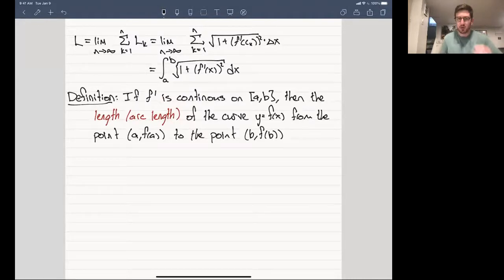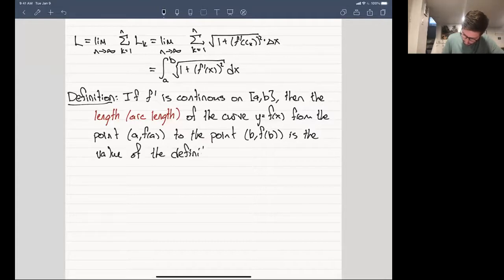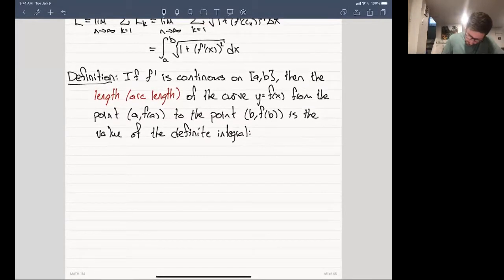So just like my picture on the previous page, is the value of the definite integral, so L is equal to the integral from a to b.